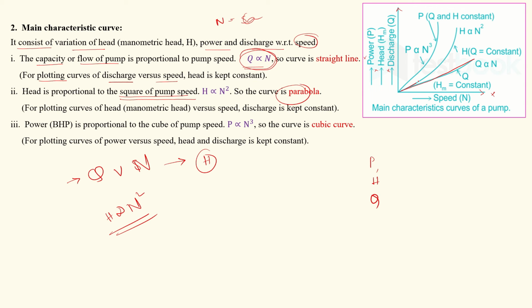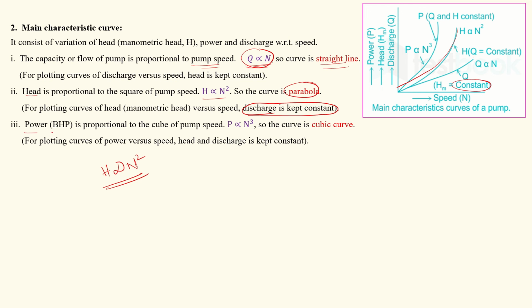To obtain this curve of the head or manometric head versus speed, the discharge is kept constant. And the last one is your power, brake horsepower. This power is proportional to the cube of N or speed, so this is called your cubic curve. This curve is obtained when you keep discharge and head constant.